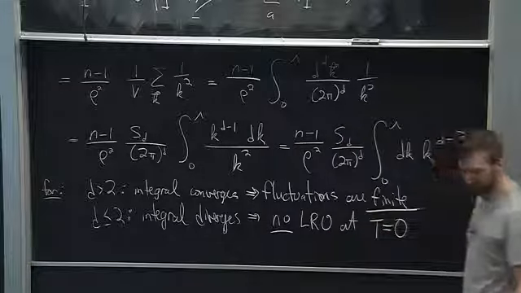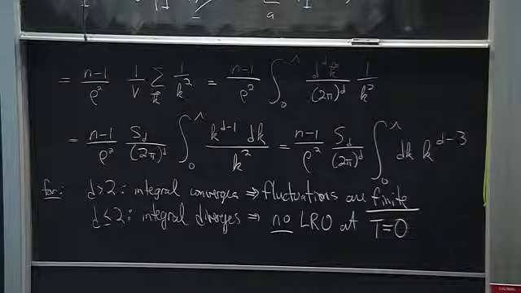When fluctuations blow up, it means the fluctuations become more important than the actual order itself. So those fluctuations proliferate, and then you can expect no long-range order. T equals 0, okay, well, why is it T equals 0?